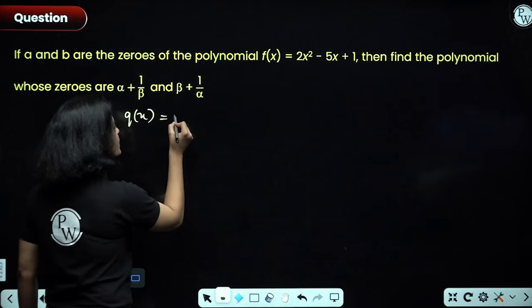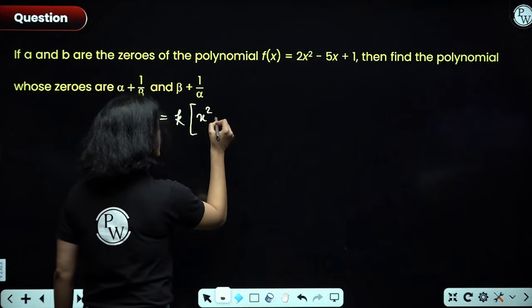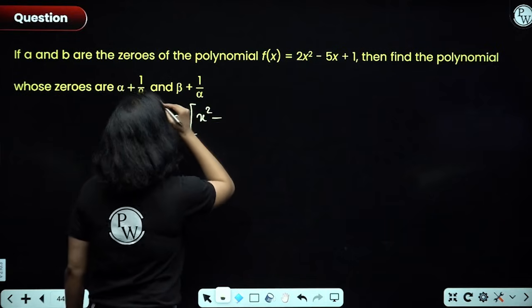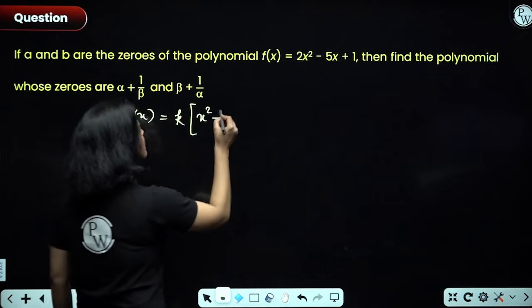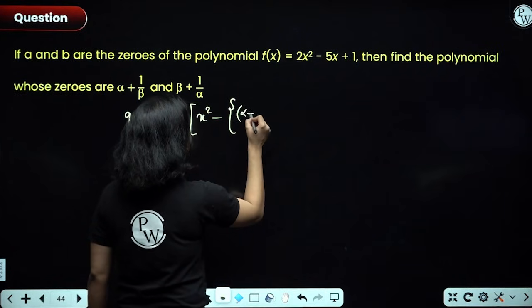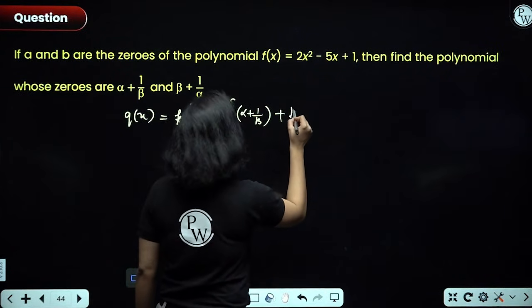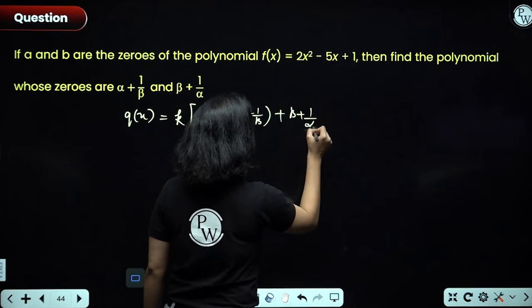So, q(x) would be k, then bracket x square minus sum of zeros, everyone. So, sum of zeros, can I write directly sum of zeros? Sum of zeros would be alpha plus 1 by beta is one zero and beta plus 1 by alpha is another zero, right?